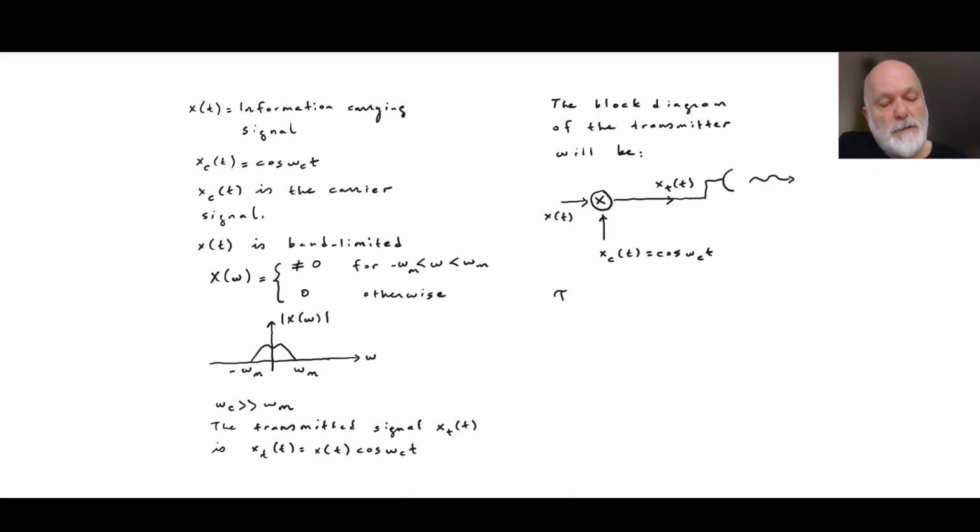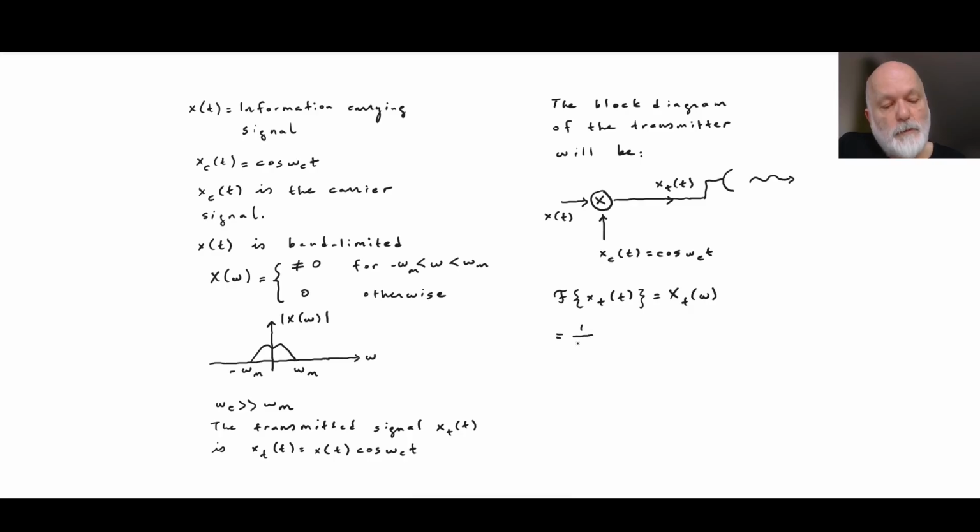The Fourier transform of the transmitted signal is capital X t of omega, and since the transmitted signal is the product of two signals, remember we have the multiplication property or modulation property of the Fourier transform.